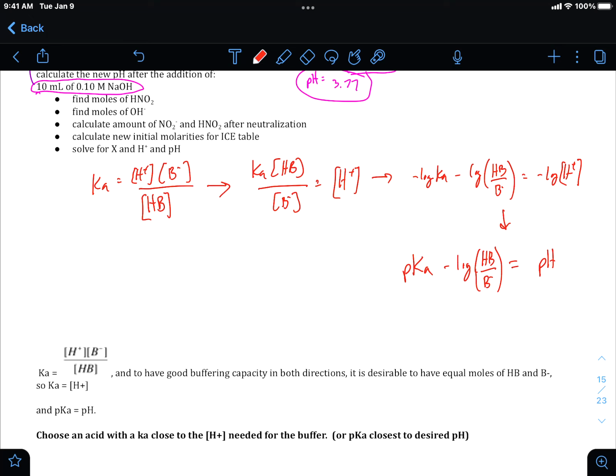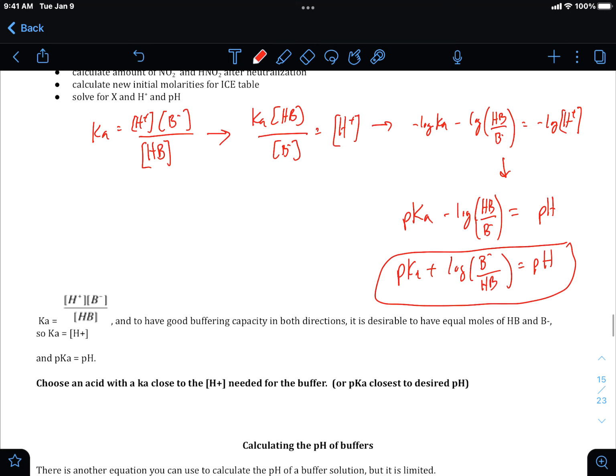Now, rather than have pKa minus log of HB over B minus, let's flip the sign on that and invert what's in the ratio. And so pKa plus the log of B minus over HB is equal to pH. This is the formula that's used when you need to find the pH of a buffer quickly.